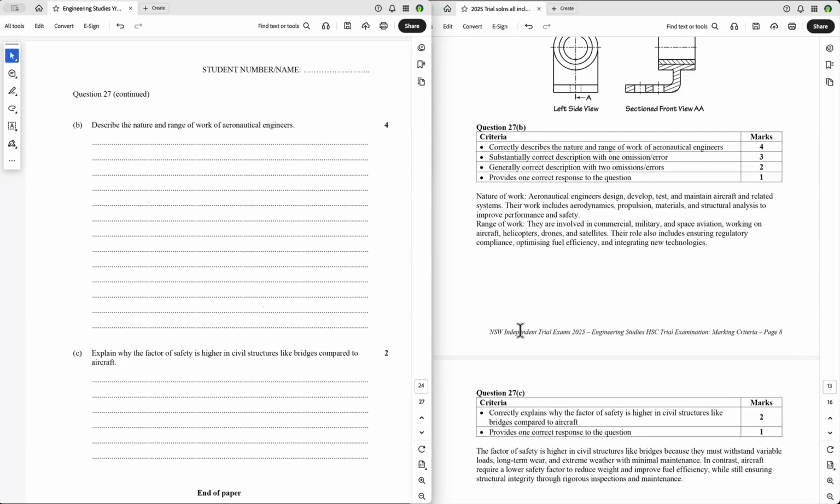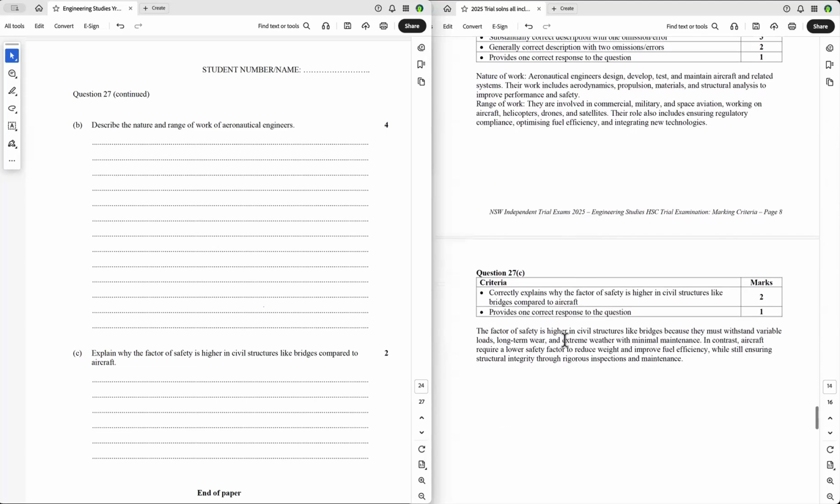And the range of work means what various areas they can work in, and they can work in commercial, military, helicopters, drones, satellites, etc. So that's the range of work.